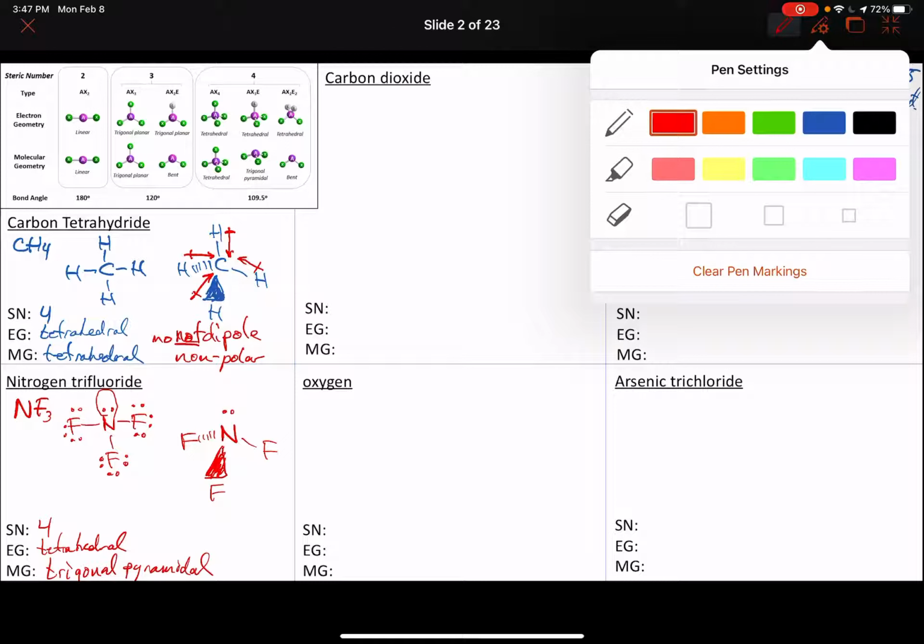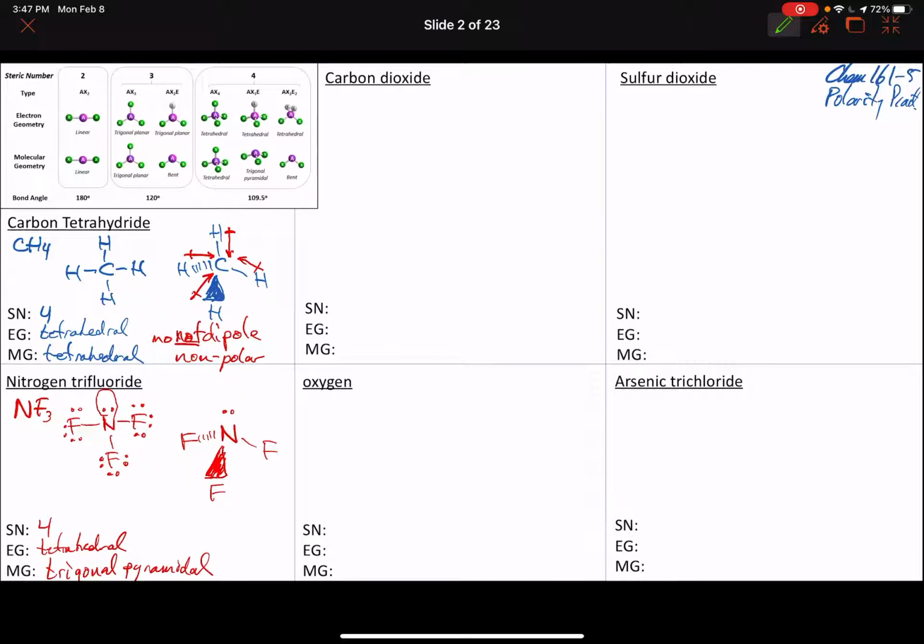Can now comment on dipoles. So fluorine's the most electronegative element in the periodic table. So I'm expecting each of these bond dipoles to point towards the fluorine.